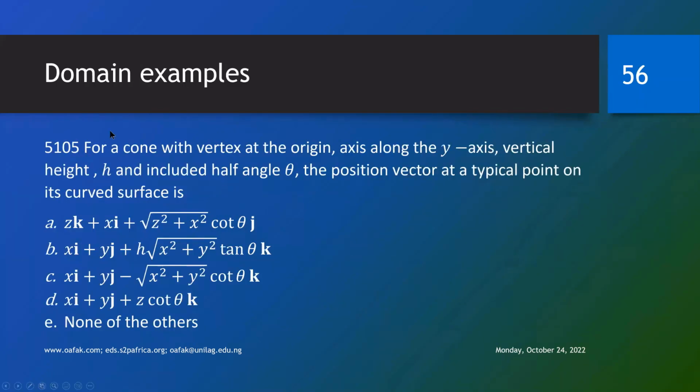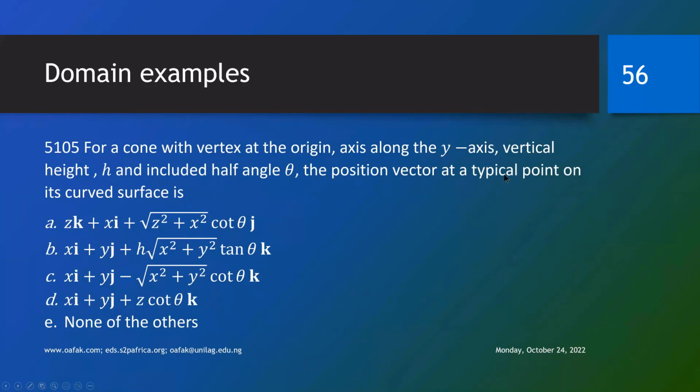So take the first one. I call this domain examples. Say for a cone with vertex at origin, axis along the y-axis, vertical height h, and included angle theta.